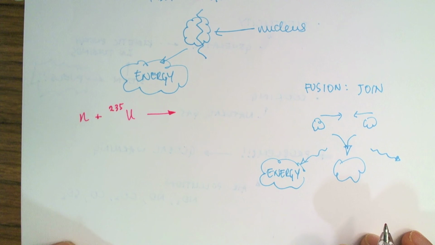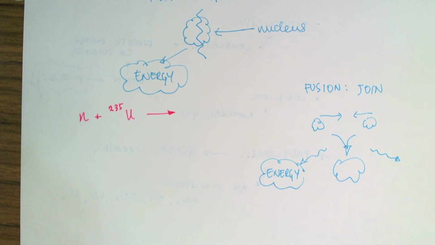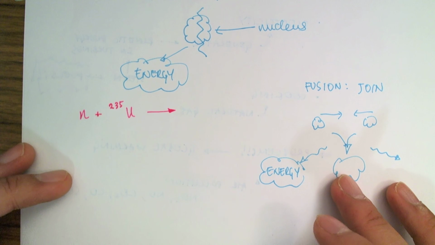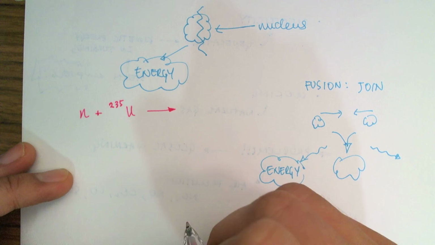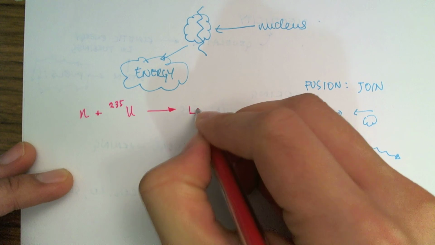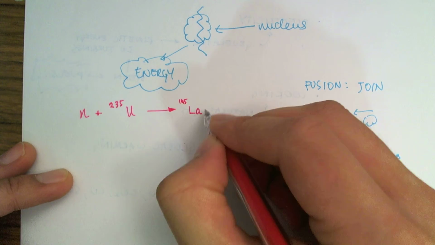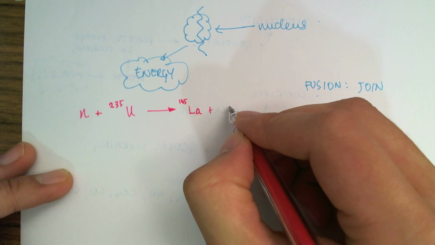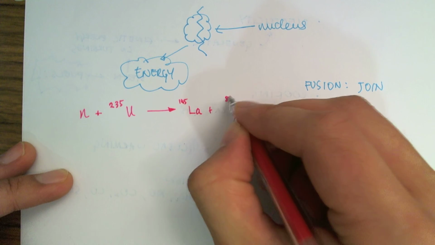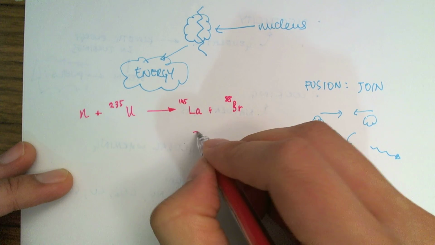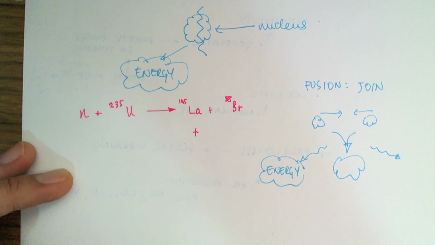So that N there represents the neutron, and you're going to take that uranium, combine it with the neutron, and it will split into smaller nuclei, say lanthanum. It doesn't have to be these particular species. They could split into a variety of other species.